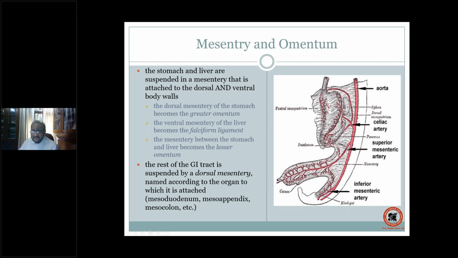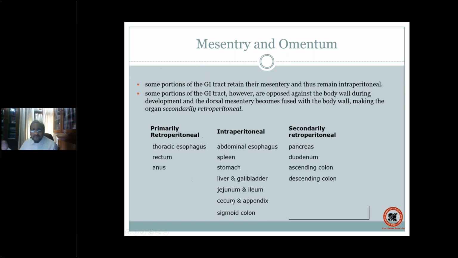The rest of the GI tract is suspended by a dorsal mesentery. See, the whole of it is suspended by dorsal mesentery. Now, at a later point of time, part of it may get removed or part of it may remain behind. So these parts will remain as mesoduodenum, mesoappendix, mesocolon, etc. Right? Now, what happens to the mesentery at a later point of time?